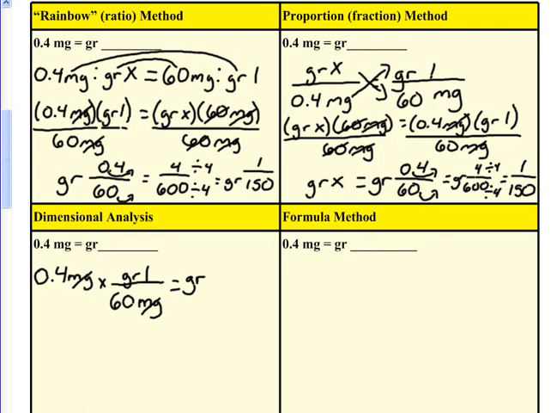We then can multiply 0.4 times 1, giving us 0.4 in the top part of our fraction, and bring over the 60 in the denominator. However, as we can't have a decimal in our fraction, we need to take that decimal and move it one place to the right to get rid of it. But whatever I do in the top, I must also do in the bottom.